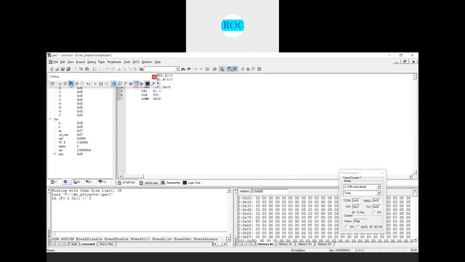Now TL1 will keep on incrementing till it becomes FFH. It will keep on incrementing, and once the overflow flag is set, it will be reloaded with whatever value you have in the higher byte register. The value you have in the higher byte register, D2, will be loaded into the lower byte register after reset.